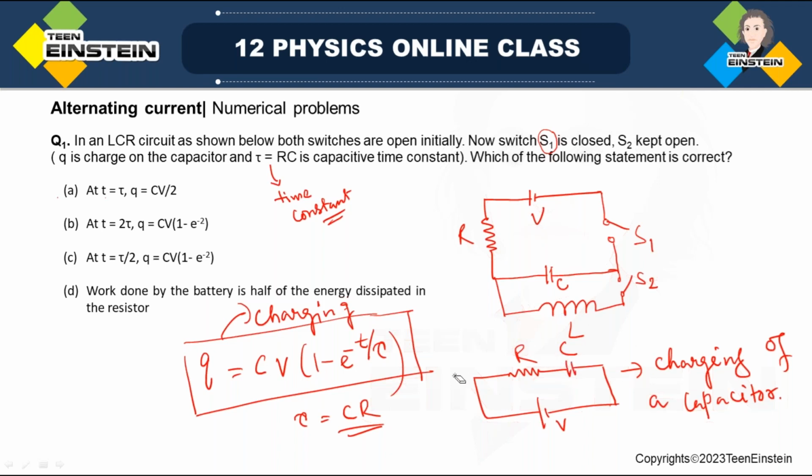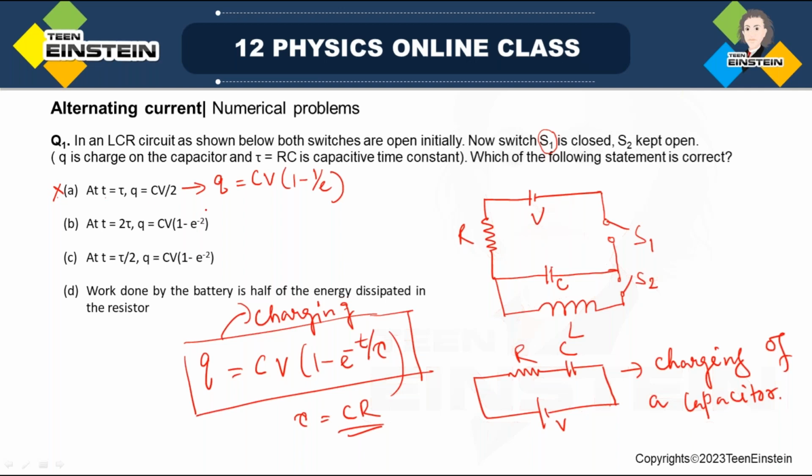So when t is equal to tau, the expression for the charge will be 1 minus, with tau in place of t, e to the power minus 1, and minus 1 means 1 over e. Here it is given something else, so it is wrong.